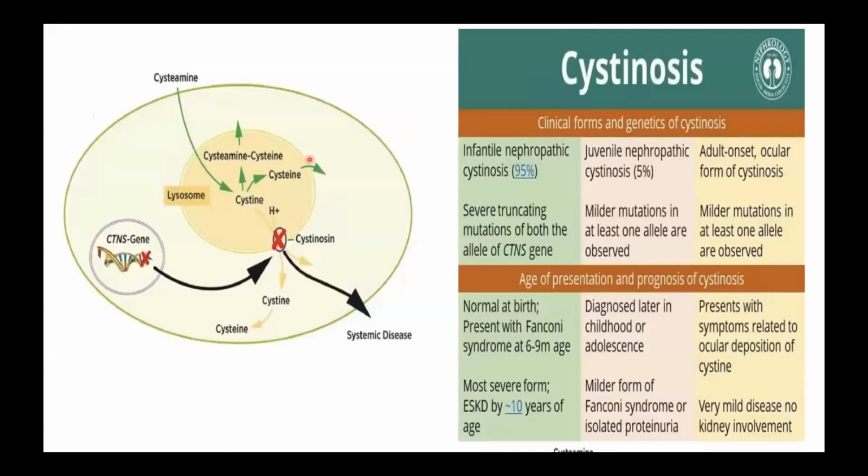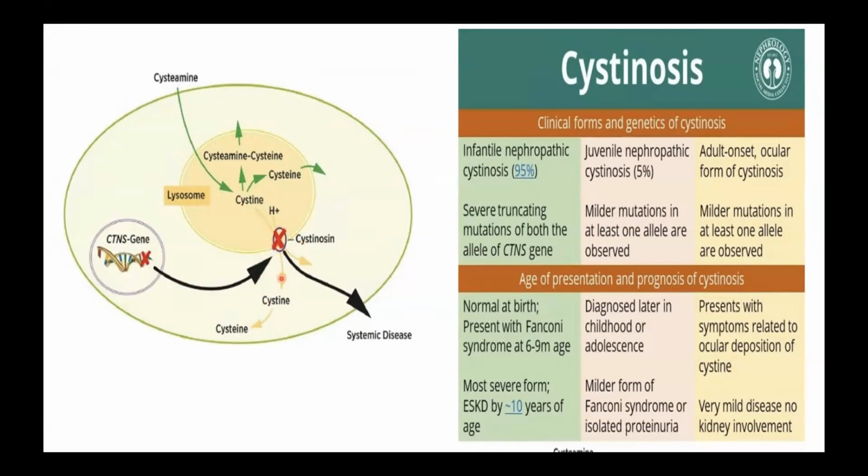In cystinosis, there is less abundance of ATP in the cell, and ATP is required for the conversion of cystine to cystinosin, and cystinosin plays a major role in lysosomal exocytosis and autophagy. This cystinosin is then converted to cysteine, and this cysteine helps the synthesis of glutathione reductase, which is a major prevention of free radical injury in the cell. So mutation of the CTNS gene blocks the formation of cystinosin.